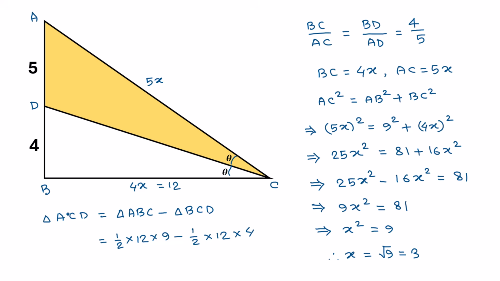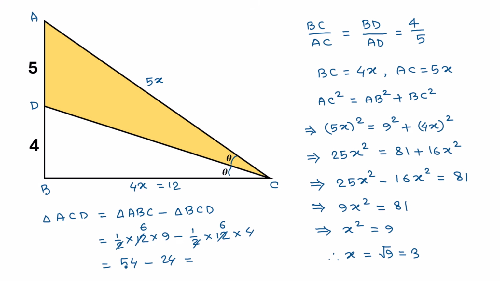So the area of this yellow region is equal to 12 divided by 2, which is 6, and 6 times 9 is 54, minus 12 divided by 2, which is 6, and 6 times 4 is 24.